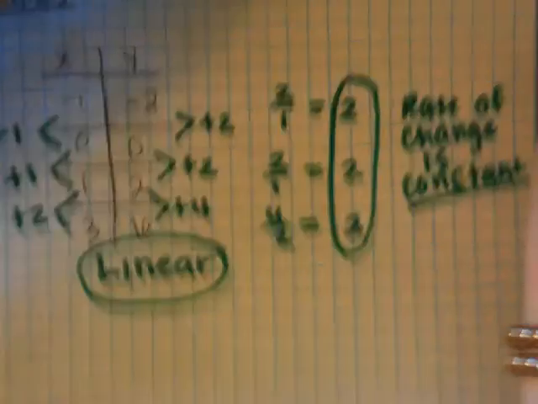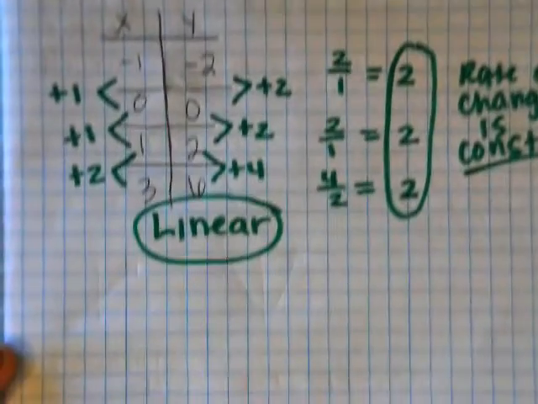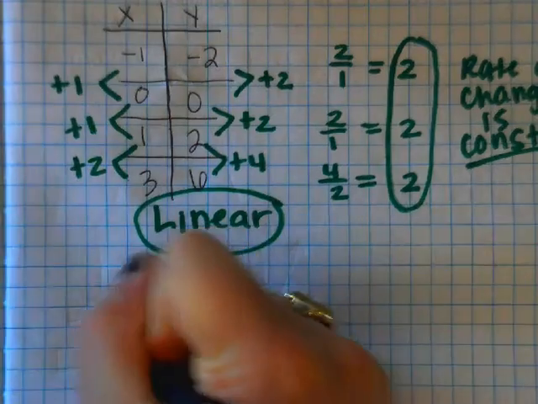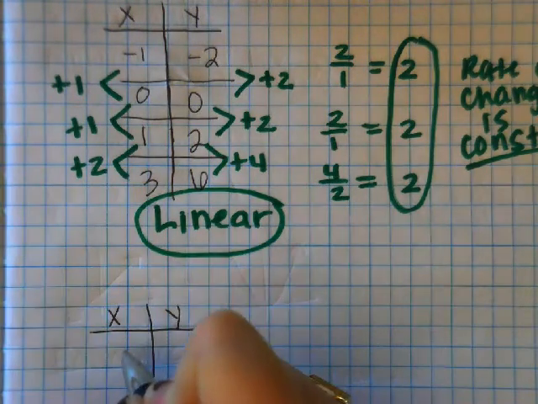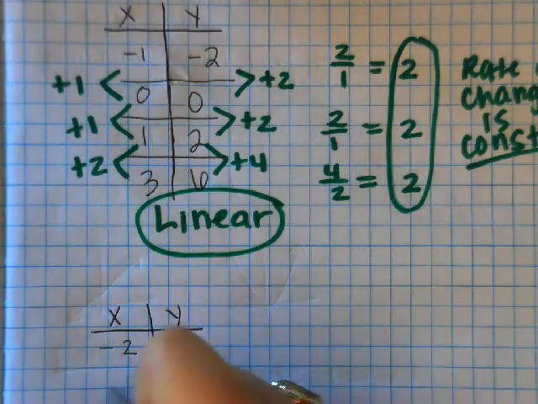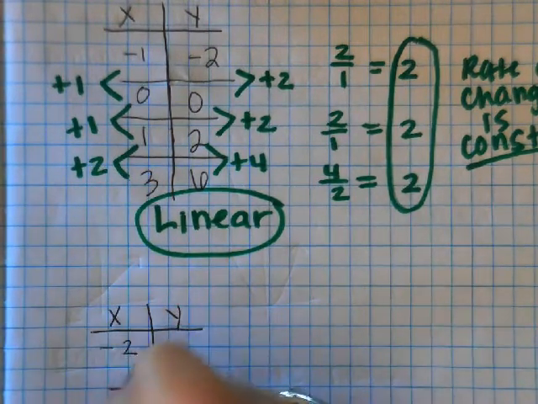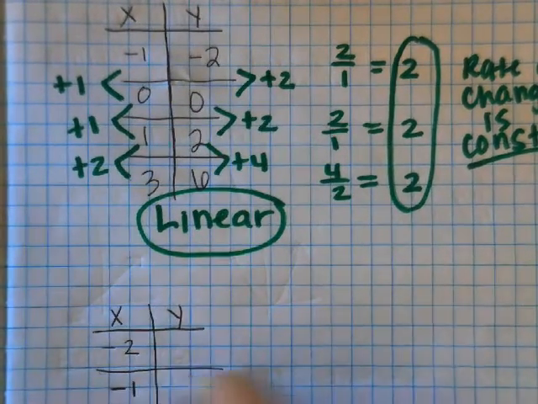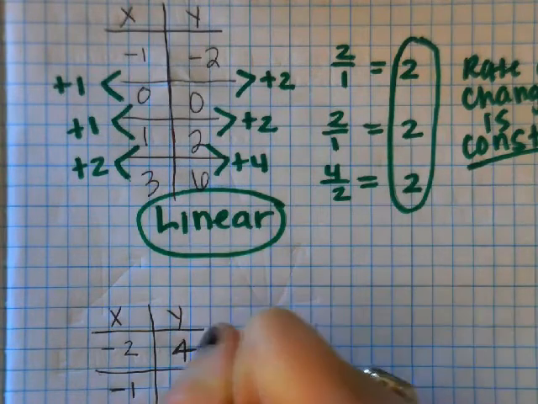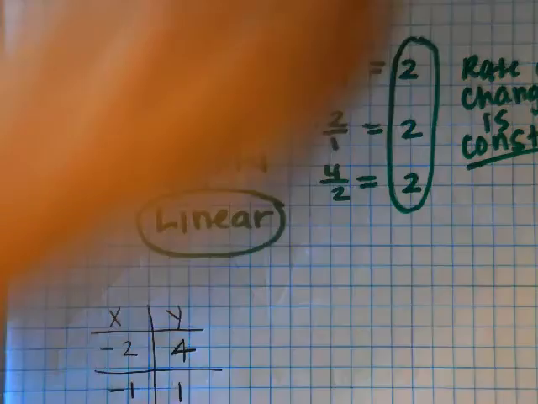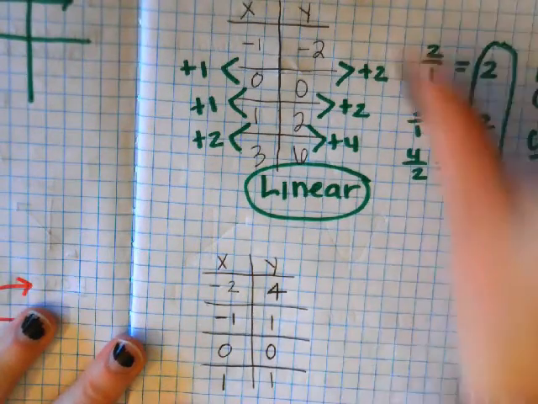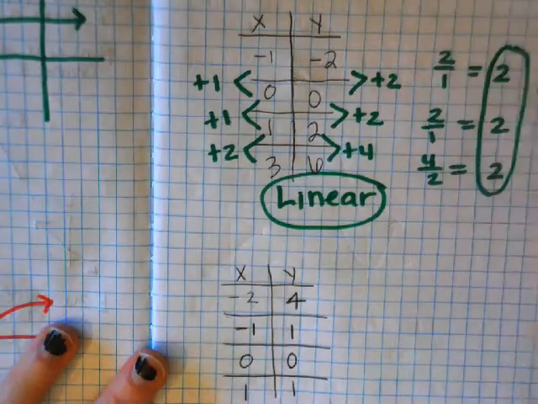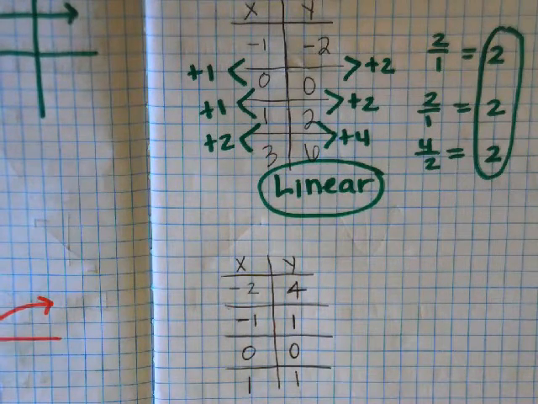Okay, so our next one we're going to do, let's just copy a table again, X, Y. So I have -2, -1, 0, 1, and then I have 4, 1, 0, 1.